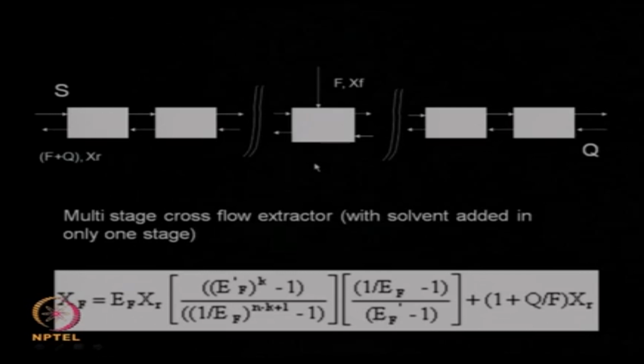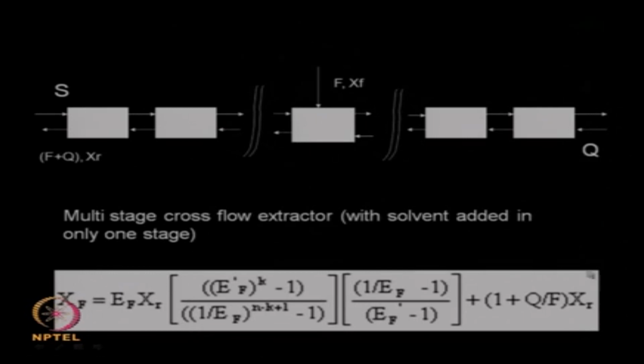So this design is slightly more complicated when compared to the previous simple counter current type of design, okay, because your feed is added somewhere in the middle. So when you take this type of system and you perform mass balance, you end up with an equation slightly more complicated looking, okay. With this equation again you can calculate the concentration of the solute in the final raffinate.